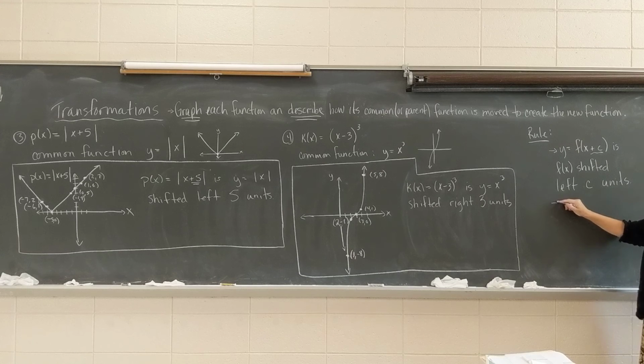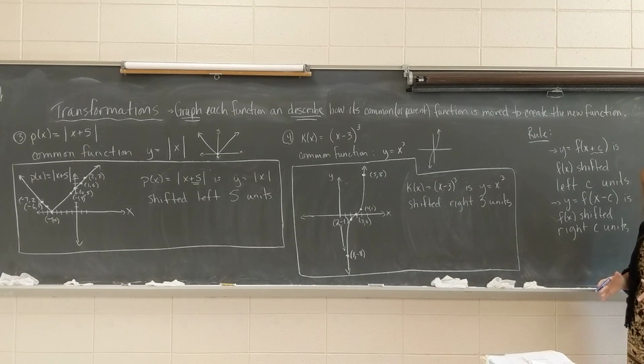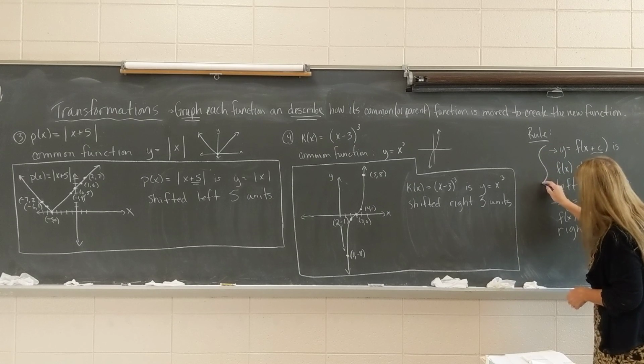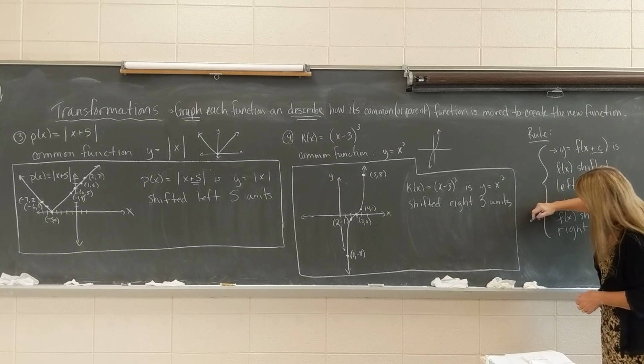And again, now instead of left, I'm going to say right. So y equals f of x minus c is f of x shifted right c units. Okay. Now instead of saying left and right, what word could I come up with? Horizontally. So these two rules here, these are for horizontal shifts.